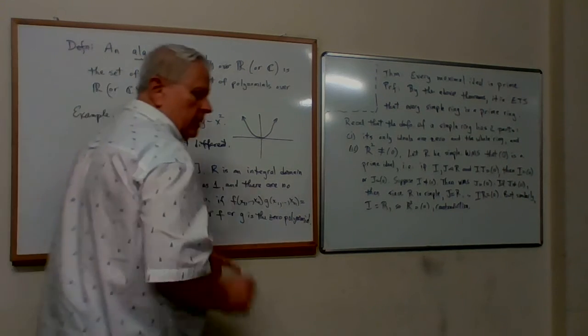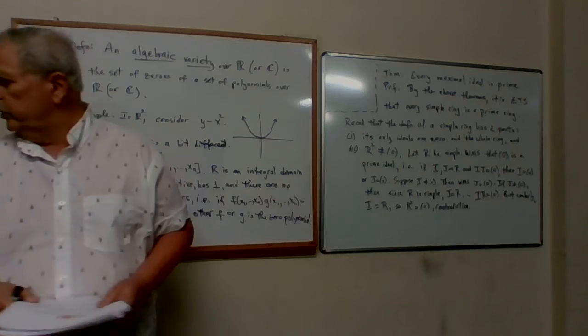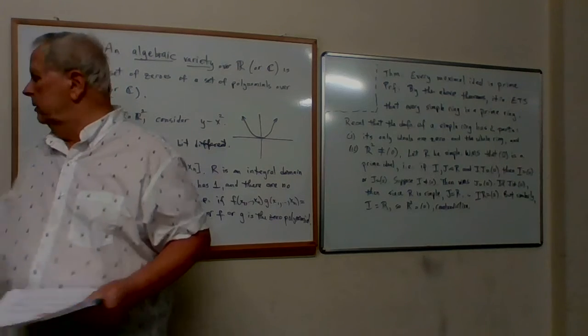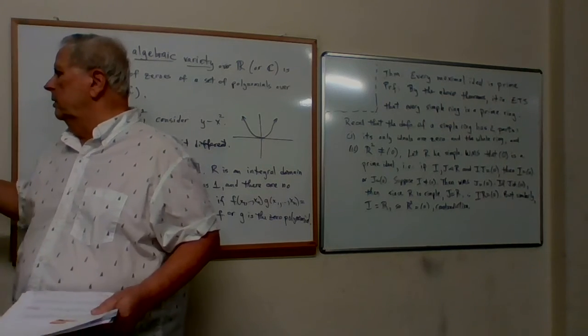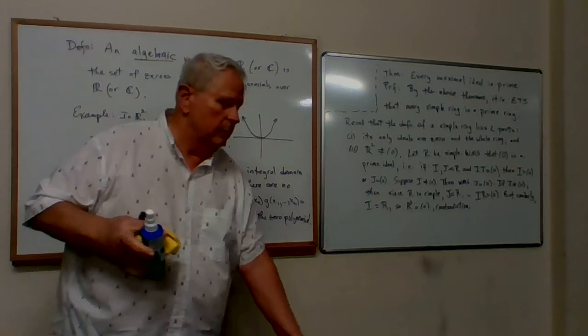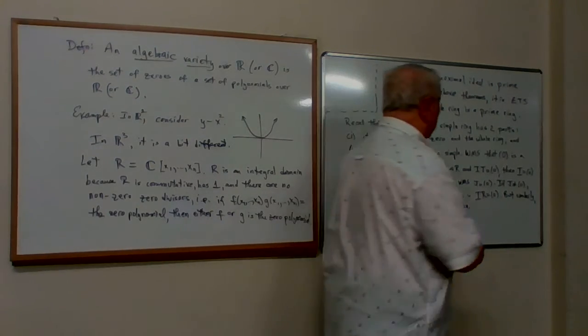Okay, that's what it means, that there are no zero divisors in this particular ring. So let me do a little more erasing, and we'll push this a little farther.